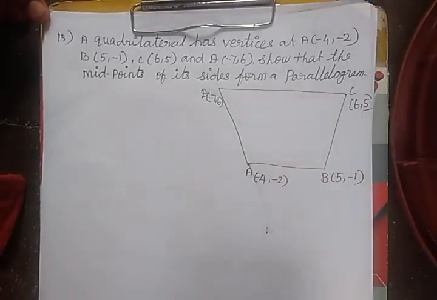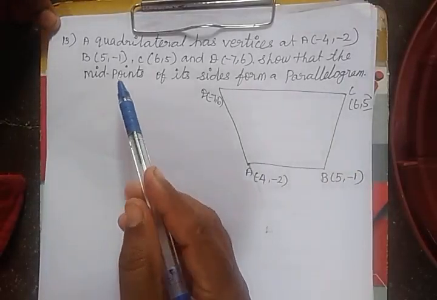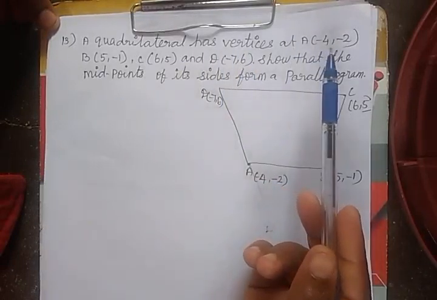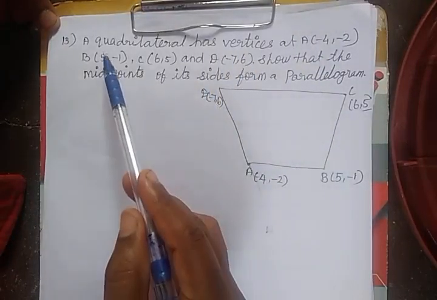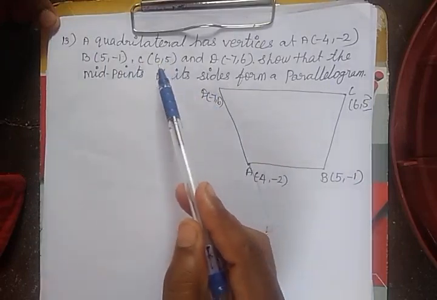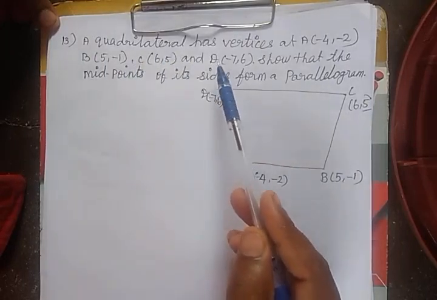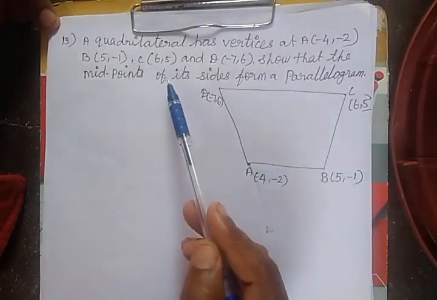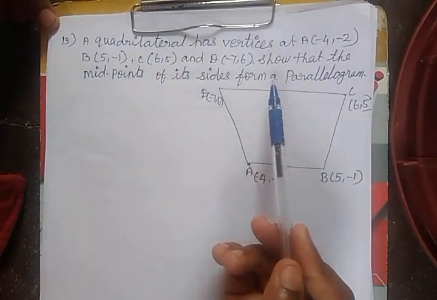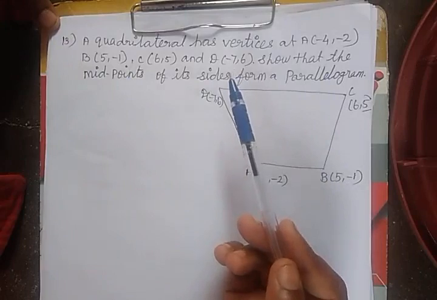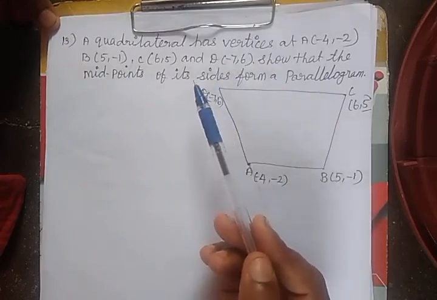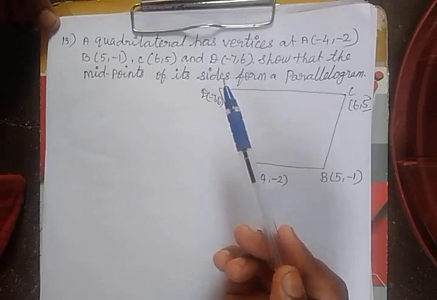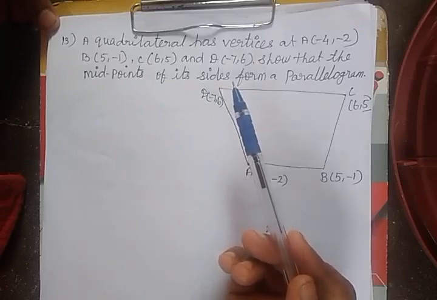The next question is the 13th question. A quadrilateral has vertices at A(-4, -2), B(5, -1), C(6, 5) and D(-7, 6), so that the midpoints of its sides form a parallelogram. We want to find the midpoints. After that, the midpoints form one shape, a parallelogram.